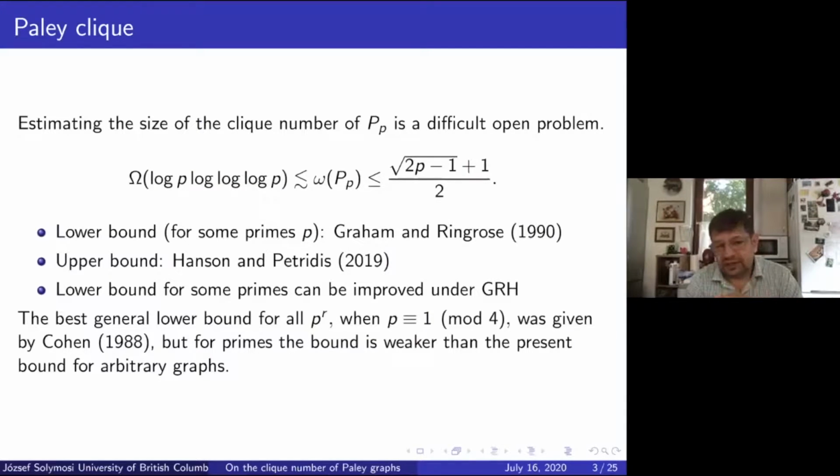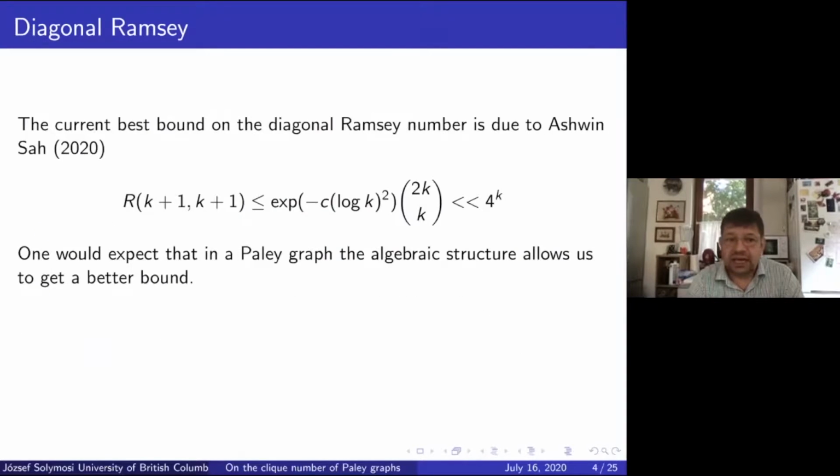As I said before, those lower bound values which you see there hold just for very few primes. In general, we don't know what is true. Cohen proved something, but that by now is weaker than the bound we know for general graphs, any graph.